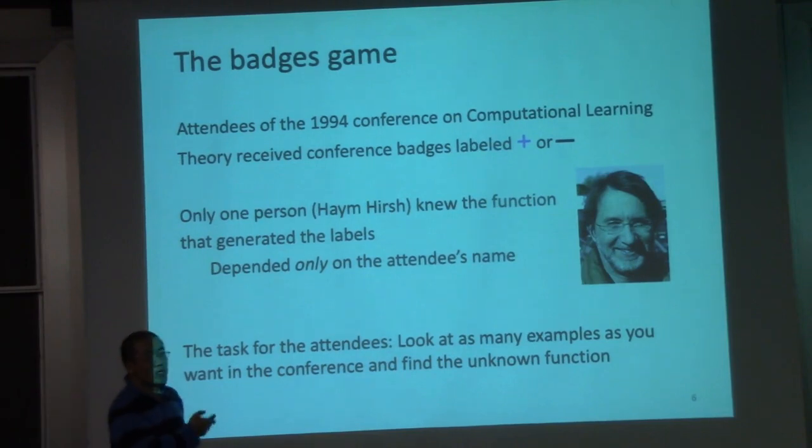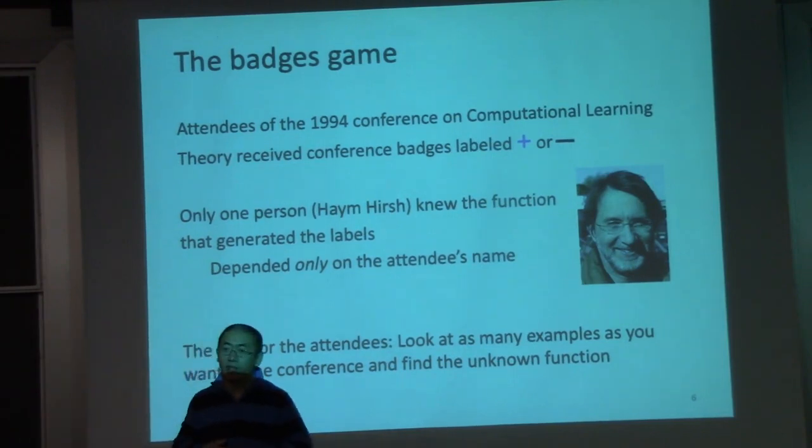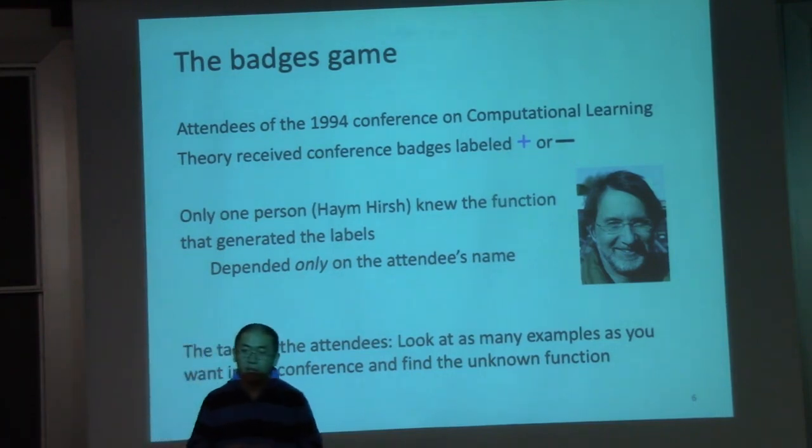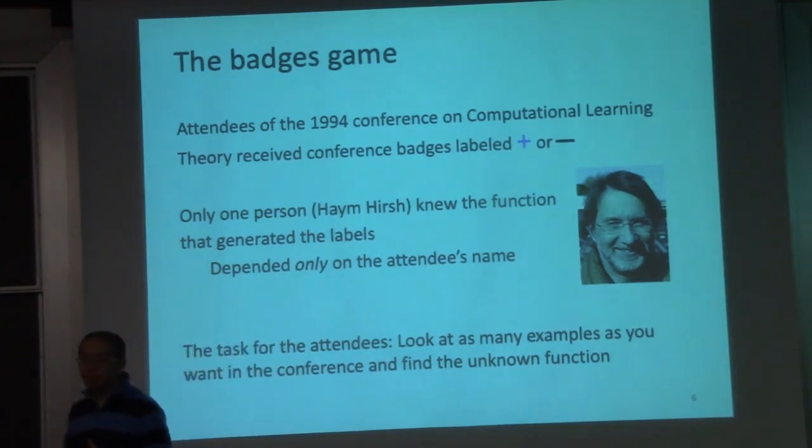Of course, those labels are not just randomly generated. There is a rule mapping between the names of the attendees and the labels. And there's only one person, this guy, who knew the underlying function that generates the label.